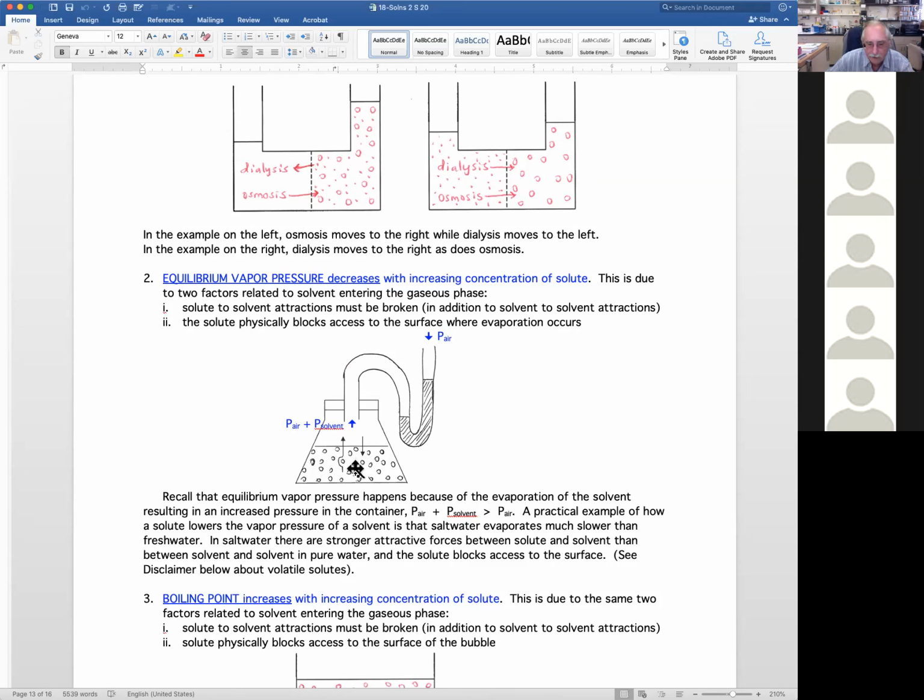So to get the solvent to evaporate, to increase the pressure up here, then you have to break those attractive forces. Usually those are going to be stronger. And the other factor is that the more I block access to the surface by putting something there, whether it's an oil covering or a bunch of solute particles, I'm blocking access to the surface where evaporation is taking place.